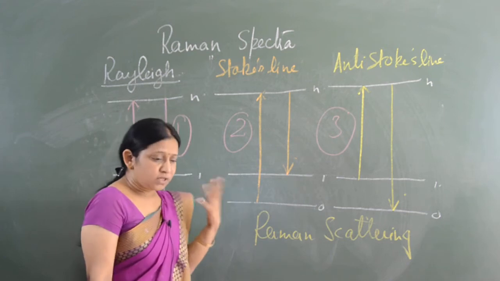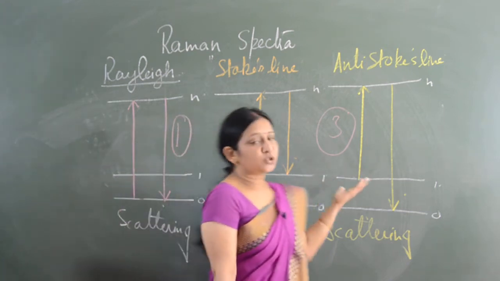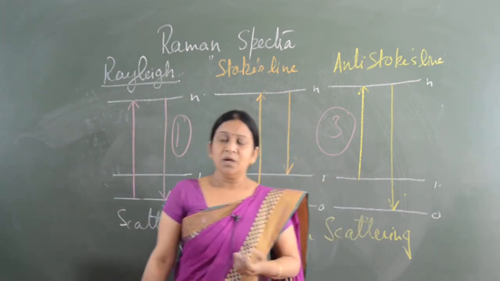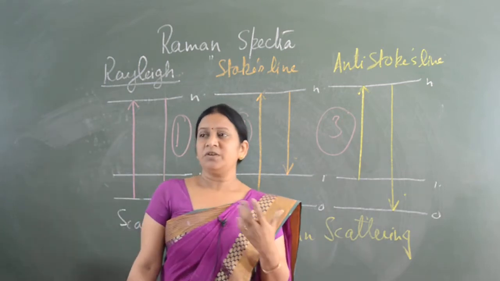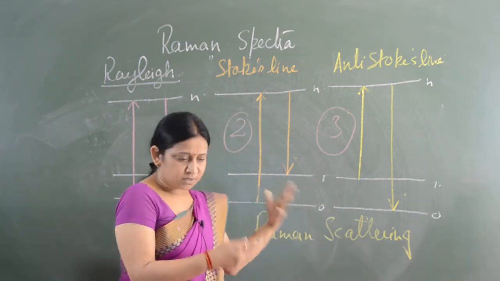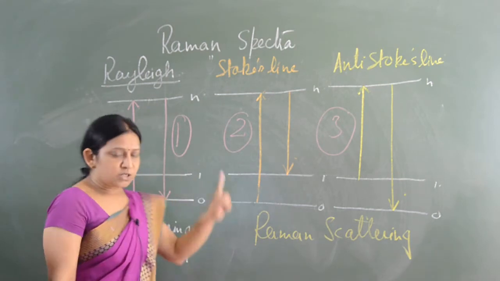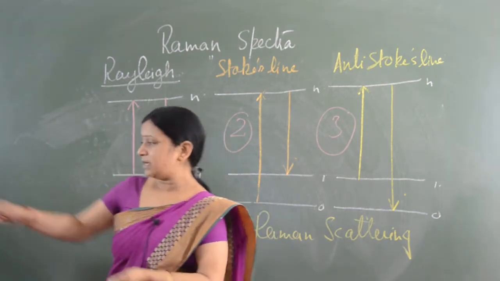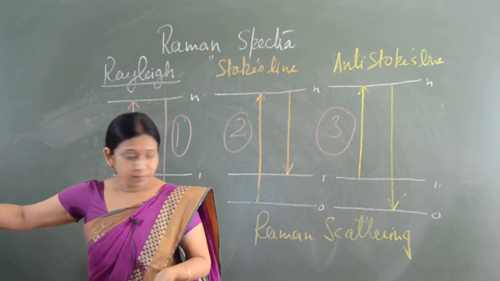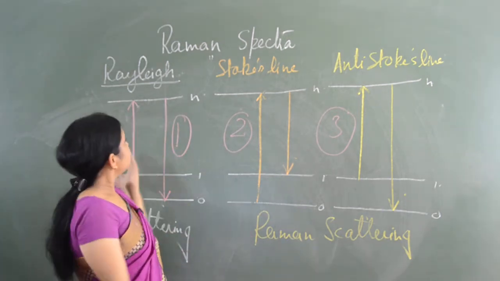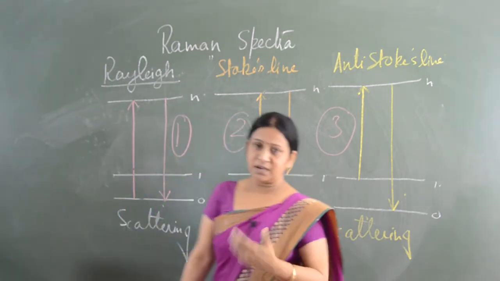So most of the time in Raman spectra, anti-Stokes lines are not even visible. In that case, we take concentrated solutions to carry out Raman spectra. So in terms of intensities, anti-Stokes lines have the least intensity, the second is Stokes lines, and first is Rayleigh scattering.